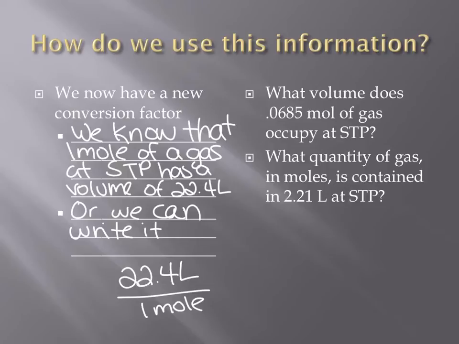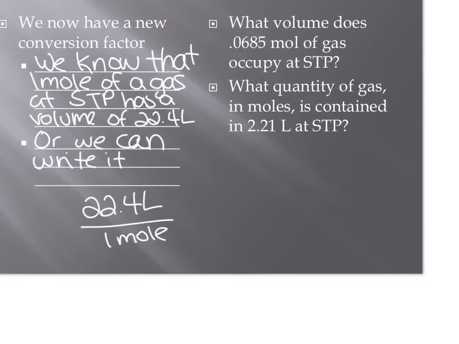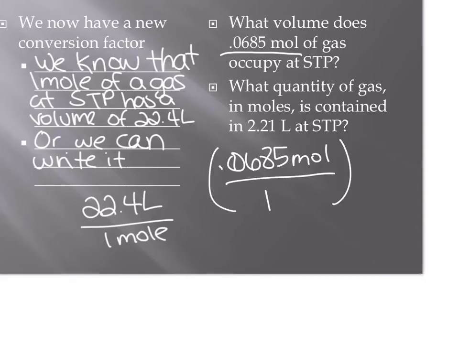So let's practice doing a couple of problems here with this new conversion factor. It says, what volume does 0.0685 mole of a gas occupy at STP? How would you set that up? You take what you're given and put it over 1. What are you given? 0.0685 moles over 1. And I want to know the volume.